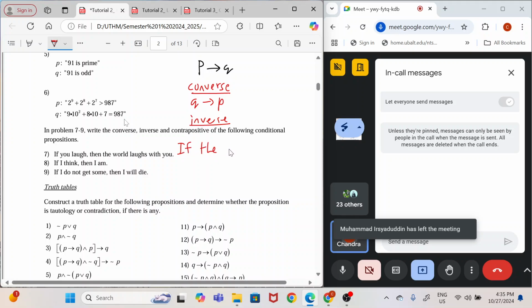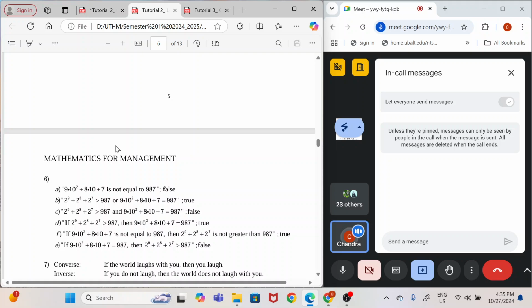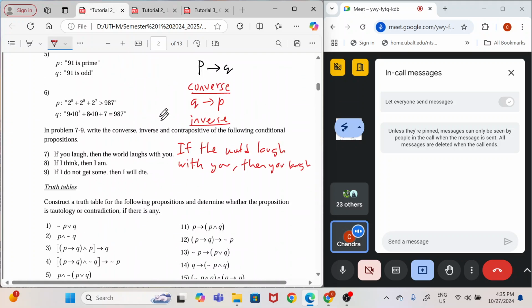If the world laughs with you, then you laugh. Okay, that's how you write converse. And same goes for inverse and contrapositive. I suppose you can do this. Okay, number 7, also 7, 8, 9 is given here, all these things.